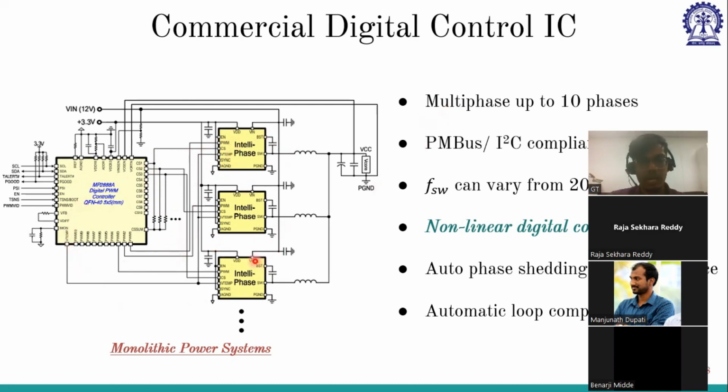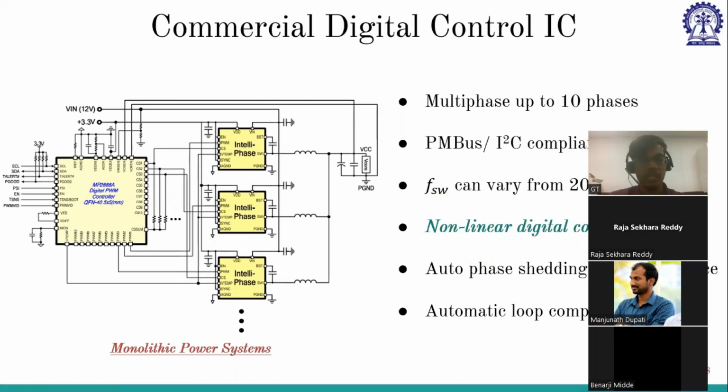So we can connect up to 10 such phases, and it has PMBus I2C communication between them. This controller can communicate accordingly, take data, and then send the PWM. This is one digital control IC, and its switching frequency can vary from 200 kilohertz to 5 megahertz.